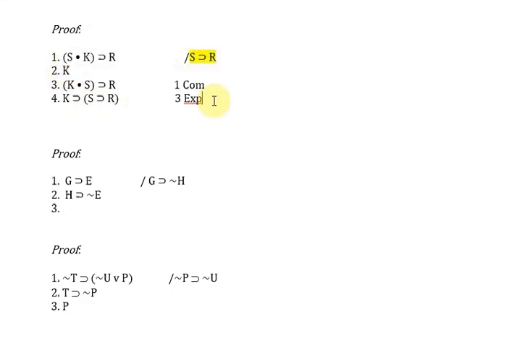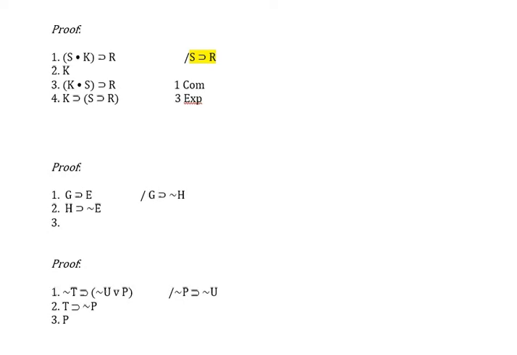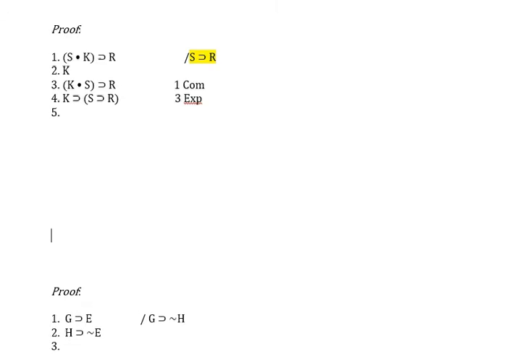So basically, I'm going to move these down so it doesn't get confusing. If we apply modus ponens to lines 2 and 4, we get what we're trying to prove, right? Which is if S then R, and so that is cited as lines 2 and 4 MP.